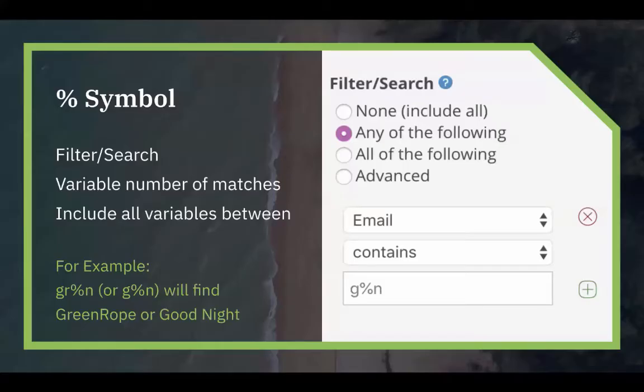For example, if I were to add GR % green, it would find green rope or good night. Otherwise, if I were to do green % N, it would find good night. So it finds any variables that could be connected with the letters here. So you would say email contains, or you can say first name, any of those options here.